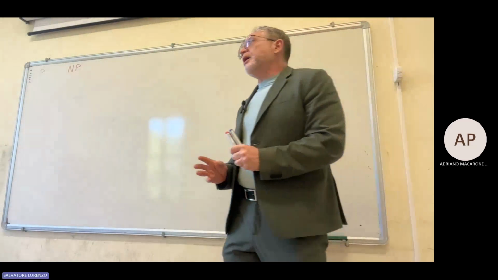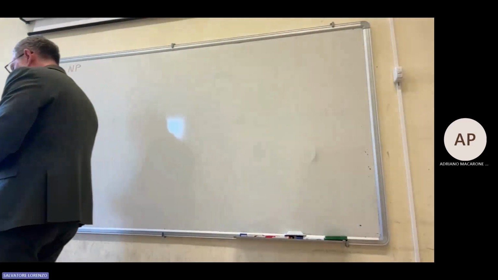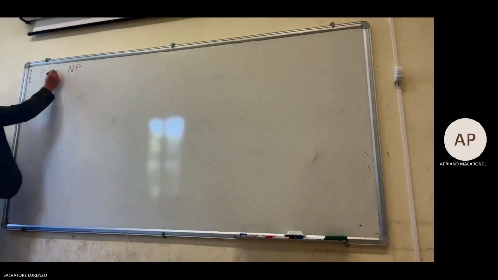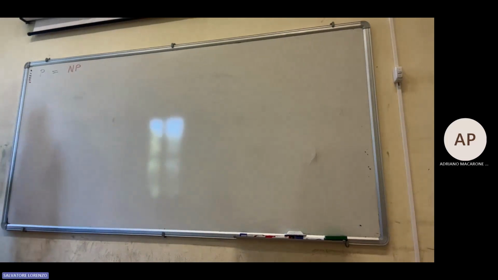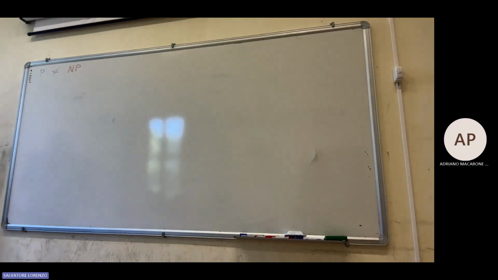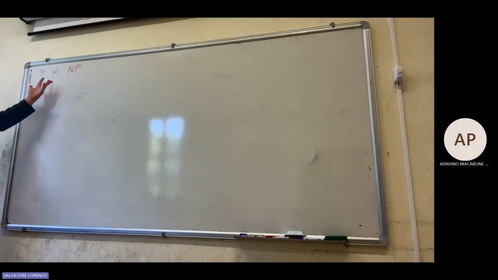So it's really an open question up to now whether there is a relation of equality or inequality. There are people who say P and NP must be the same, but there are people instead who claim that these two classes have to be different.